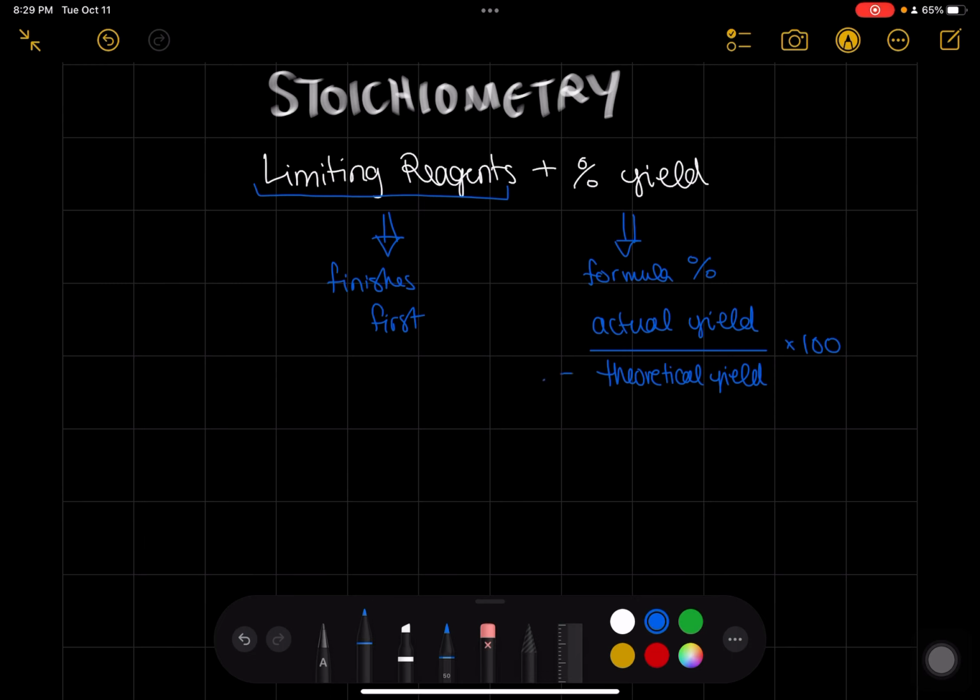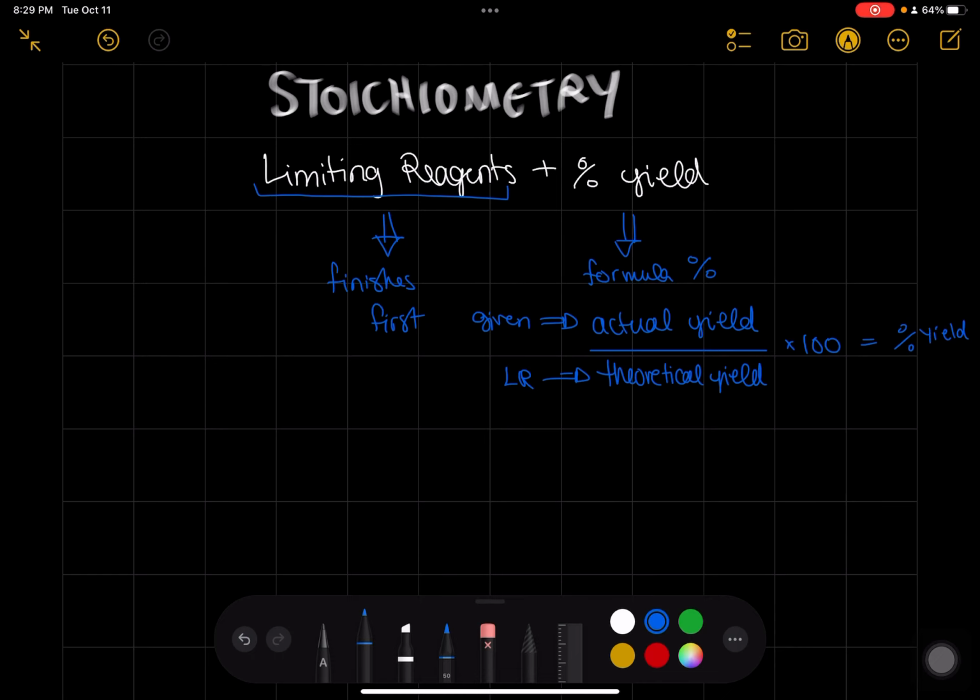Theoretical yield is determined based on the limiting reagent, and actual yield is what is given to you. It must be given to you, or else you can't really calculate it. It's usually given to you though. Multiply it by 100 and you get the percentage yield.